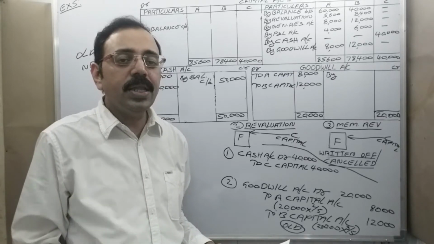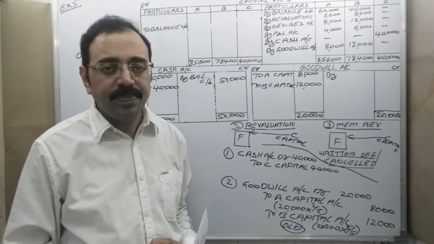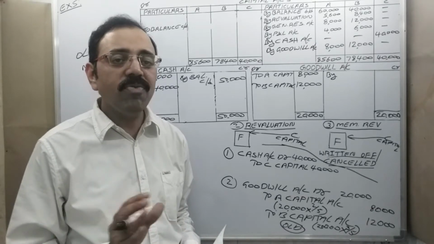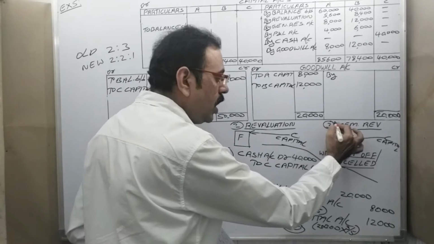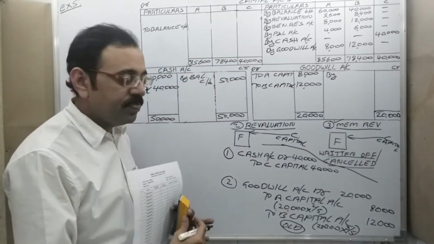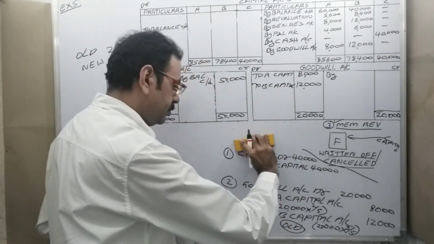Therefore, they created the goodwill and immediately they are cancelling it. Since the words cancelled and written off are given in the question, we should adjust the goodwill according to the memorandum revaluation method. This is not the revaluation method.